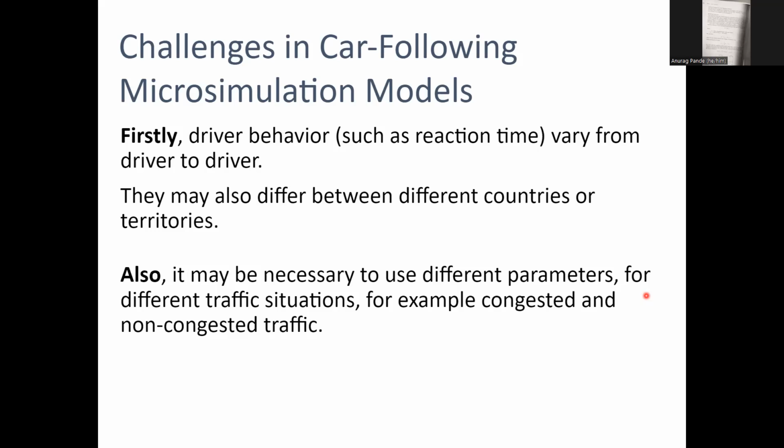Driver behavior varies from driver to driver, right? And how do we replicate that? We can't exactly replicate that, but what we do is we never assign one value in VISSIM to these things. We assign a mean value, and then we assign some kind of a deviation parameter about which that mean value can oscillate.